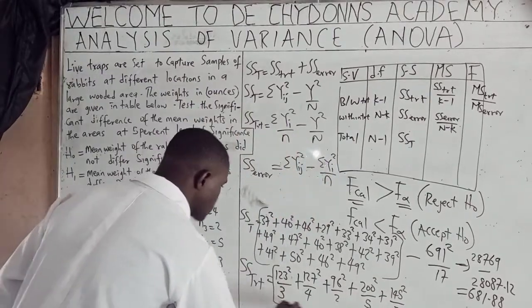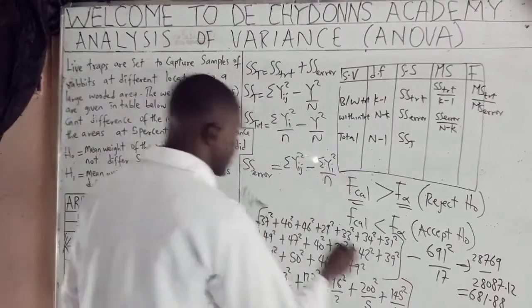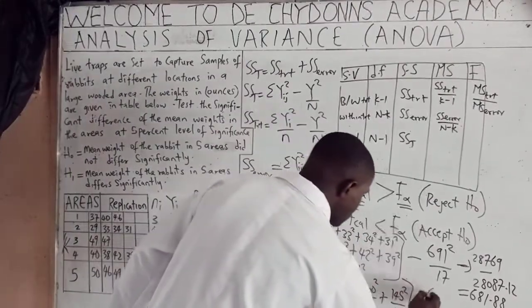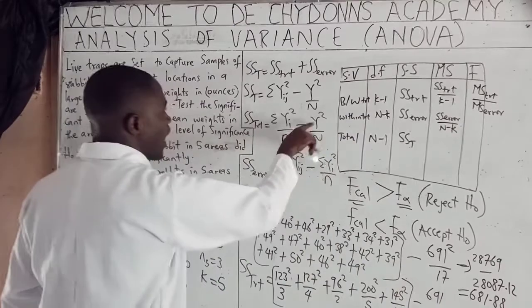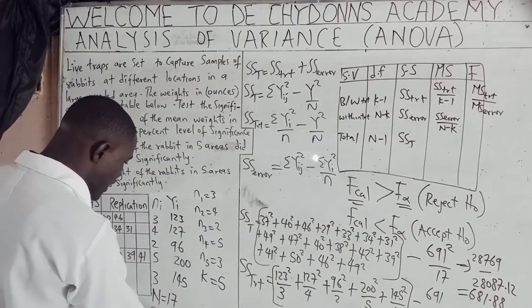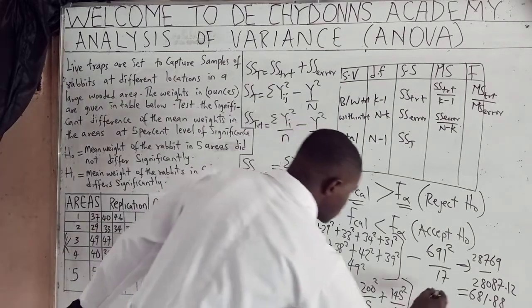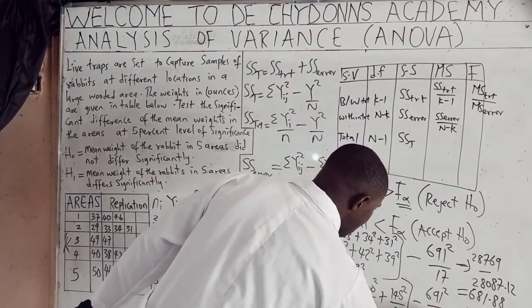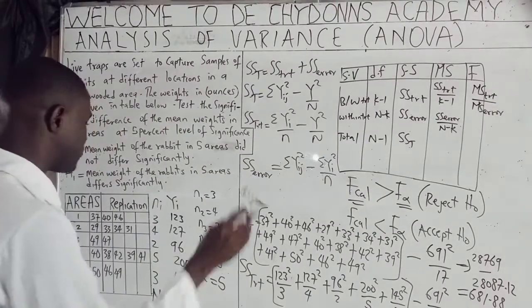Then once you compute it, you now say minus 691 squared all over 17. Y means everything; add up everything and you get 691, so the summation of y is 691. That is why we write 691 squared all over 17, because capital N is 17.